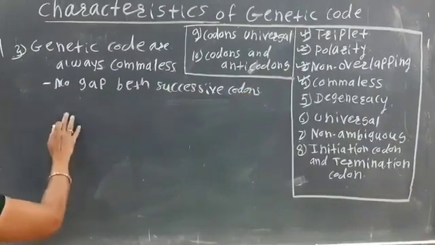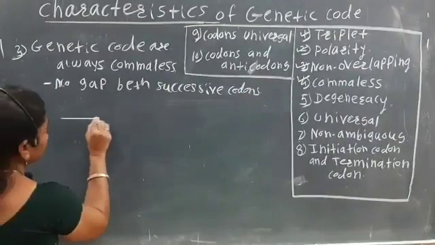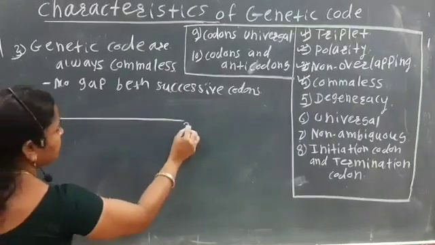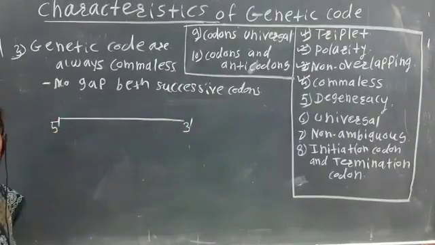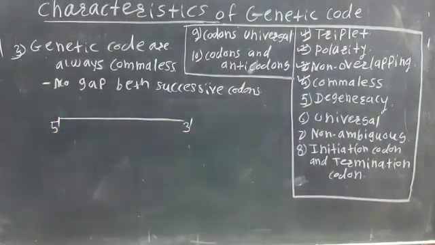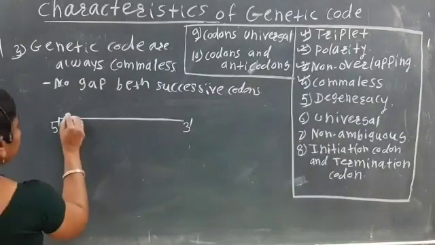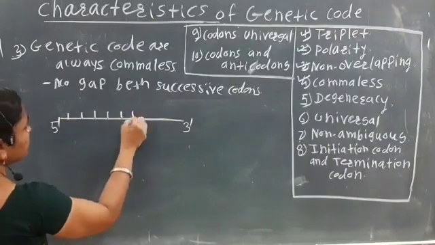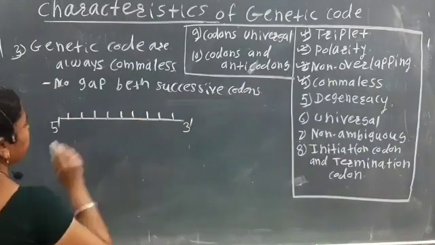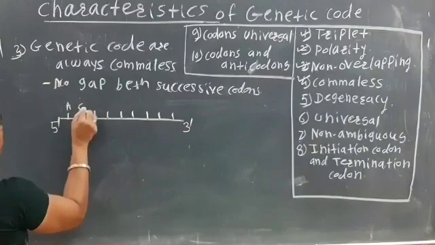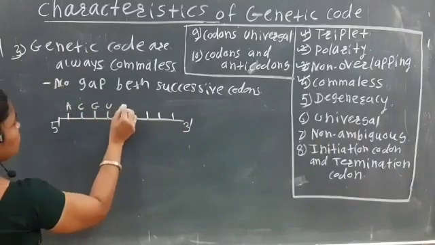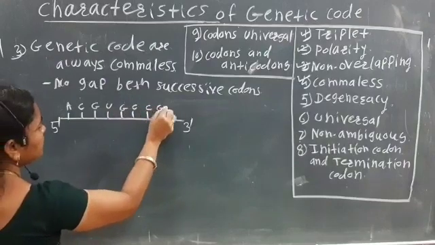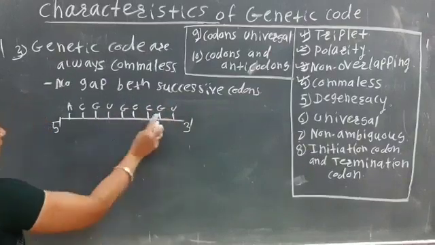So see here how they are. Here is the 5' end and here is the 3' end. Okay, so here the genetic code, see here, this codon again like this. So here A, C, G, U, G, C, C, G, U. So these are the genetic code.